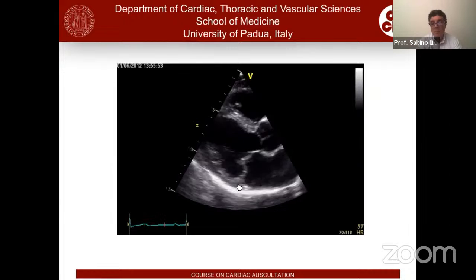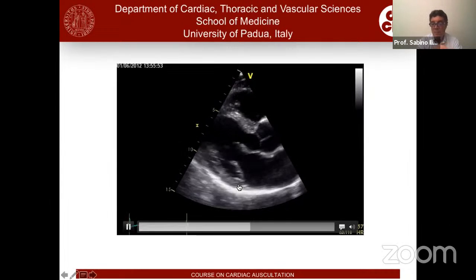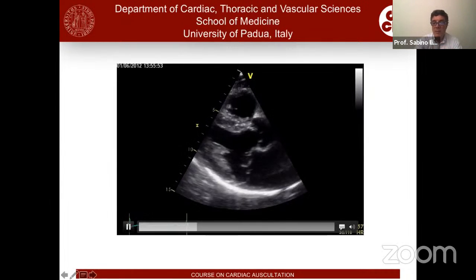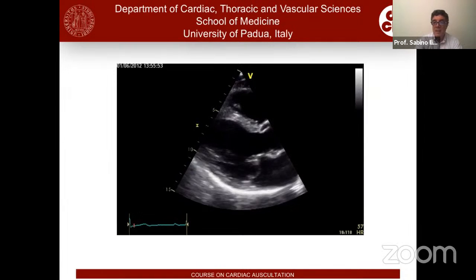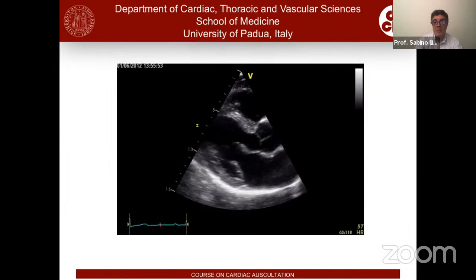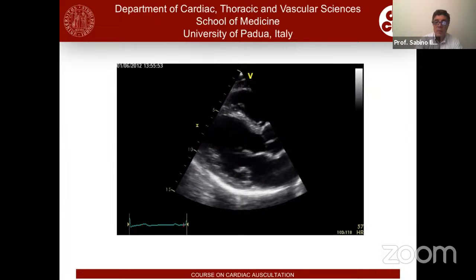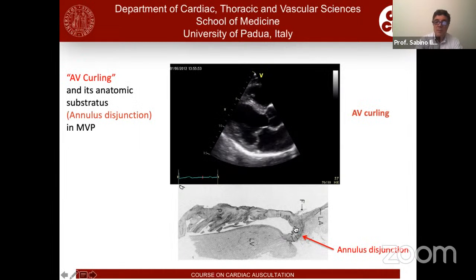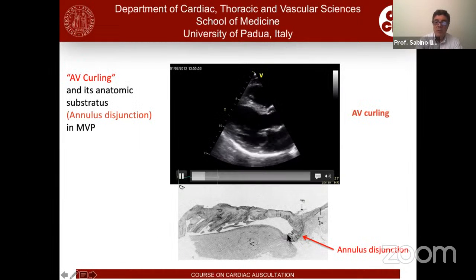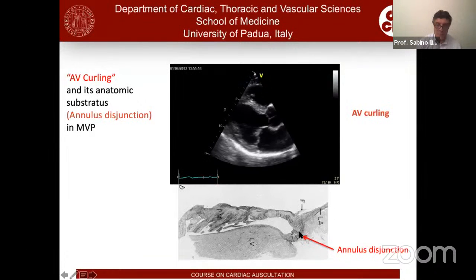And this abnormal movement creates also other problems that will produce, in severe cases, arrhythmias, sometimes lethal arrhythmias. So this is what I was explaining before. So this movement occurs because of this annulus disjunction.